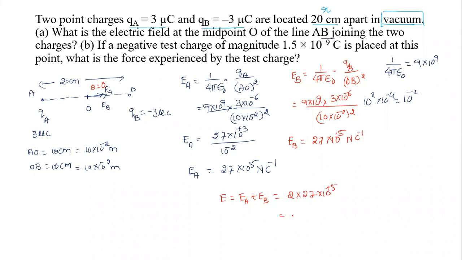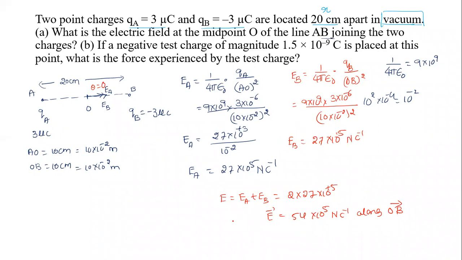So it will be 54 into 10 power 5 Newton per coulomb. That is the net electric field. It is along OB. Okay, this is the value of the net electric field we got.